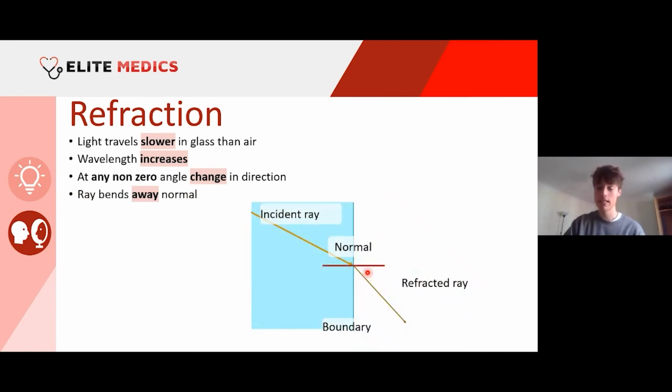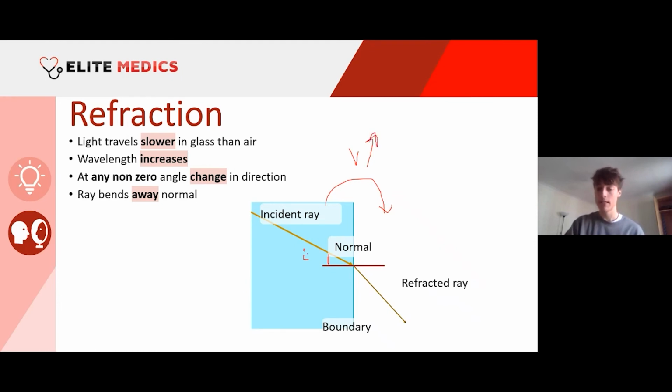Okay, so in this example, we see it better. We have an initial angle of incidence I, where here we go from a medium, let's consider like this is glass and this is air. When you go from here to here, the speed increases.